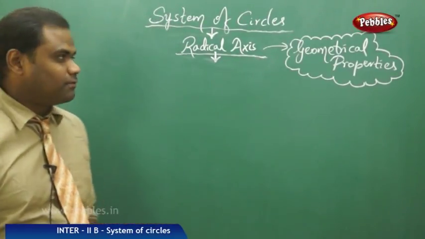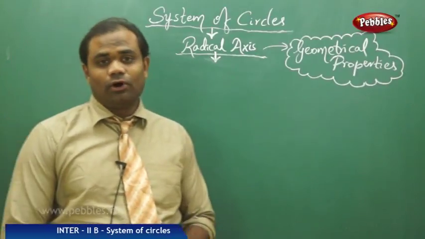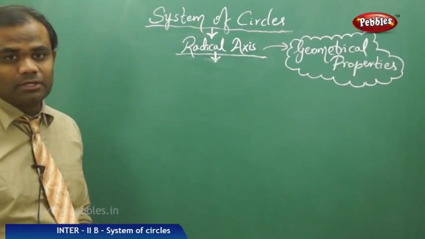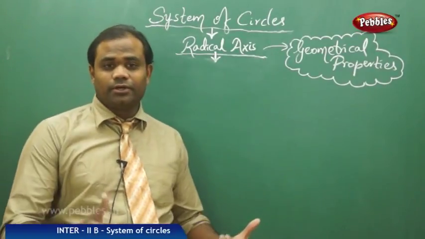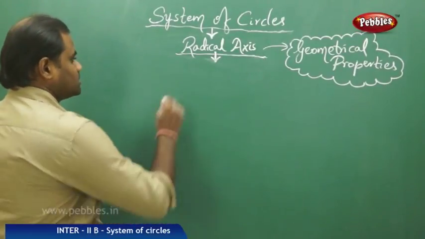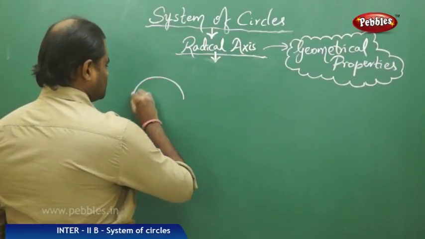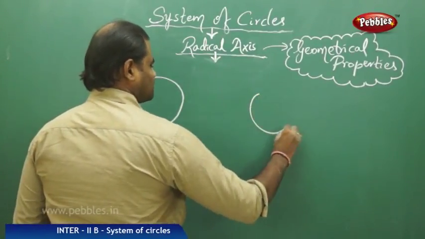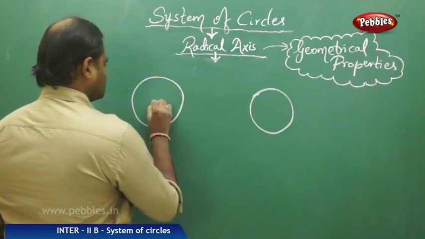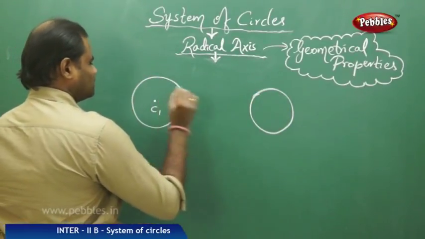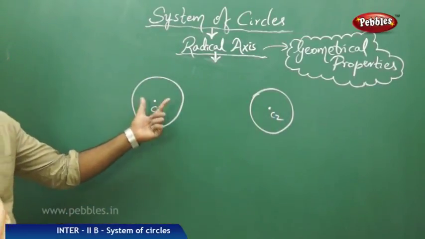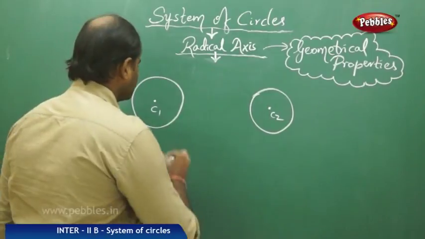Now let's identify the geometrical properties of the radical axis. The radical axis is always perpendicular to the line joining the centers. For example, I take two circles, circle with center C1 and circle with center C2.